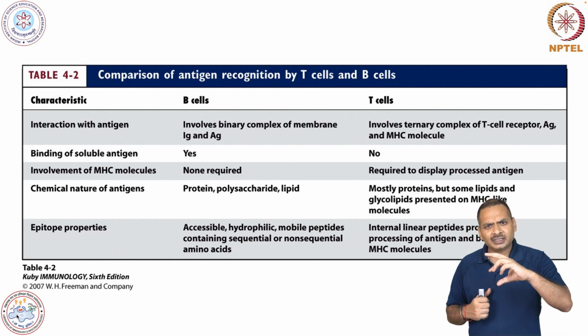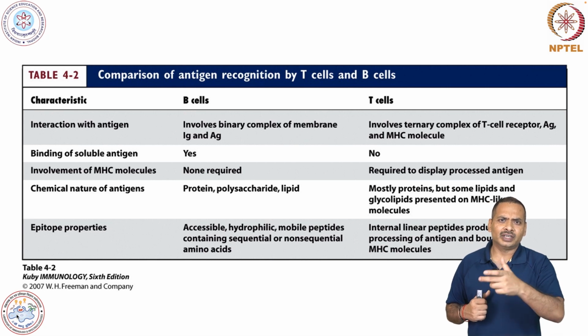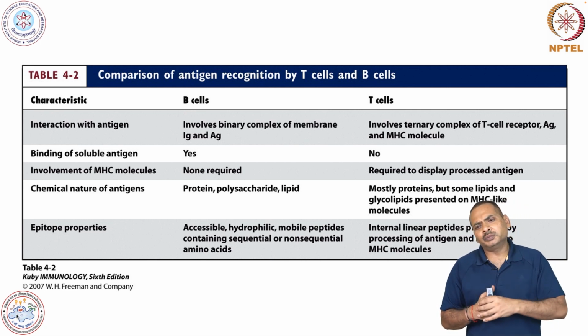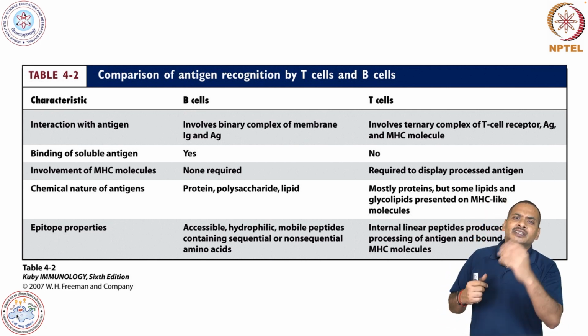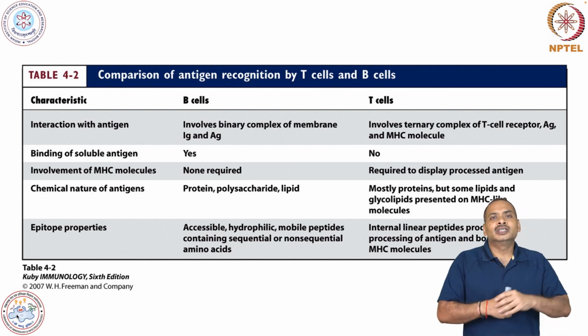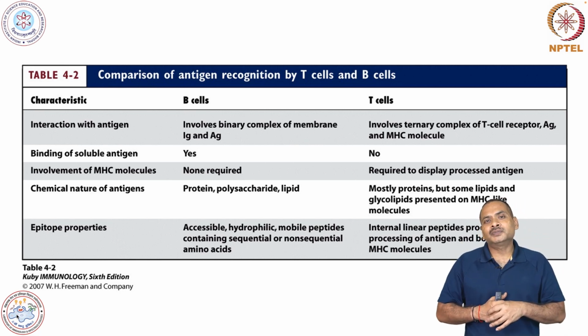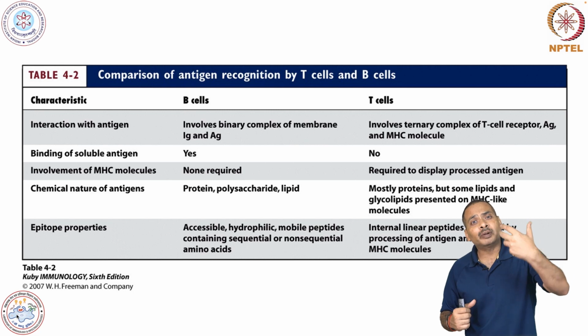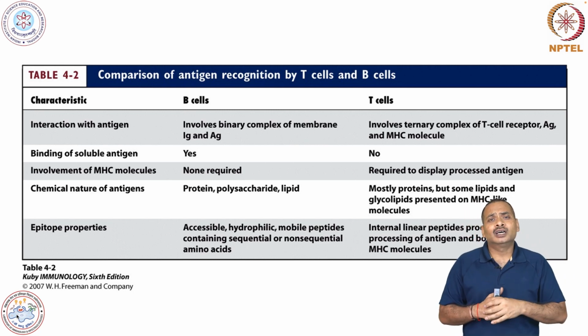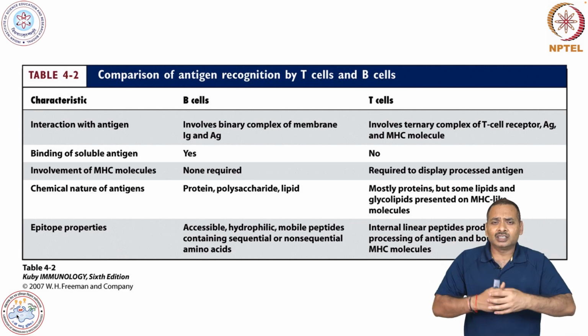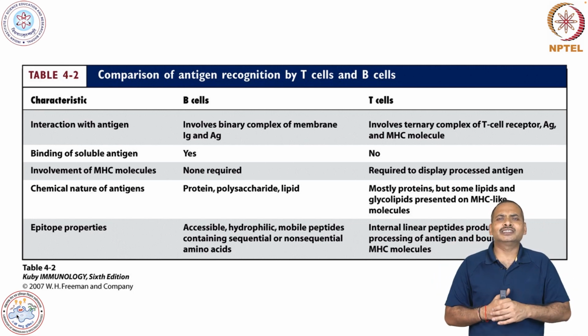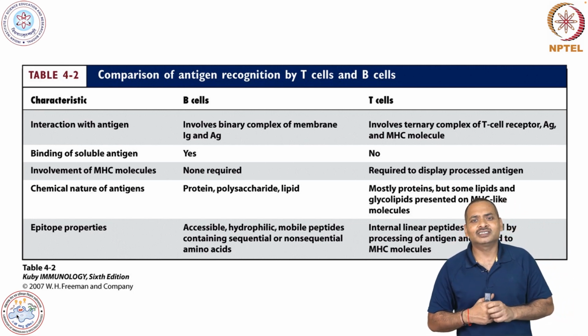So generally the T cell receptor consists of two polypeptide chains, alpha and beta, and this alpha beta chain interacts with the MHC molecule and the peptide presented along with the MHC molecule. So this makes a ternary complex. The interaction is quite complicated, I think you can understand.